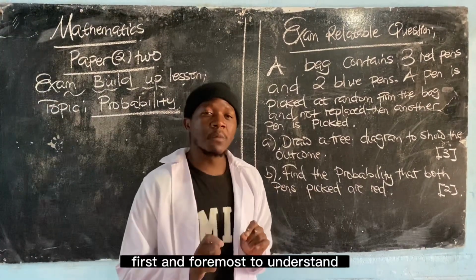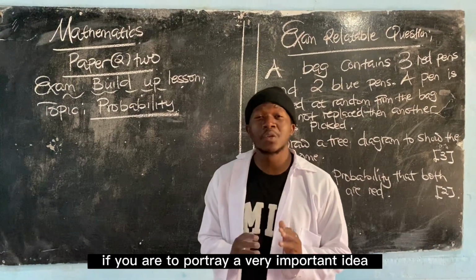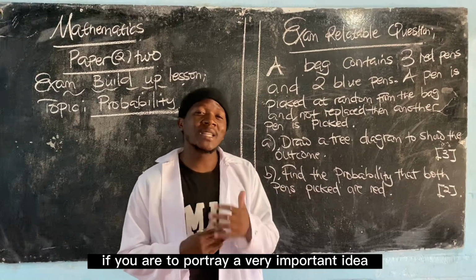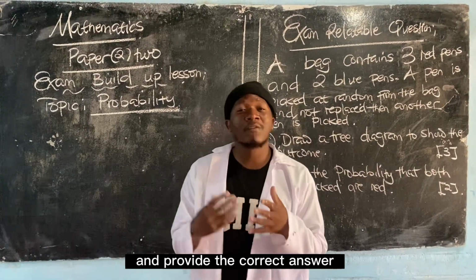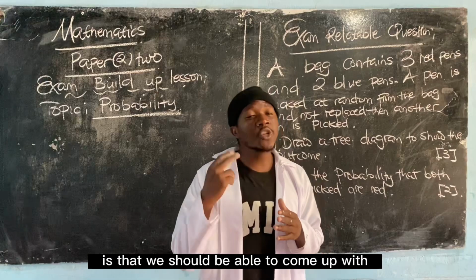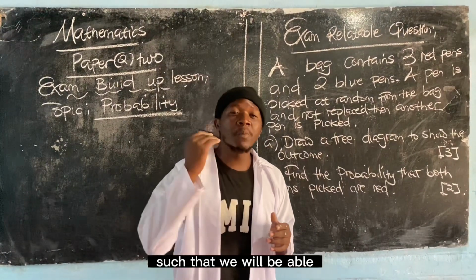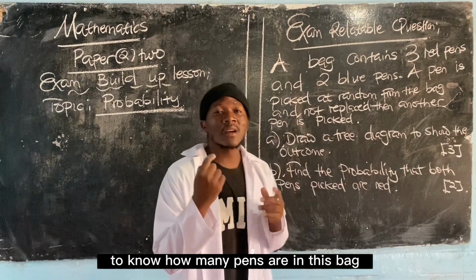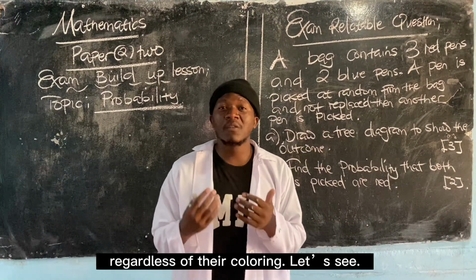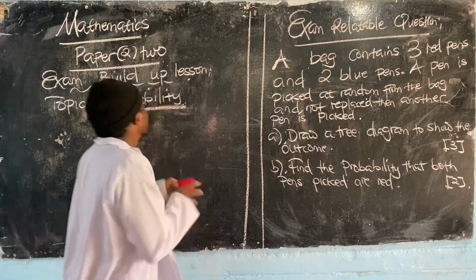The first and foremost thing to understand, if we are to attract the marker's interest and provide the correct answer, is that we should come up with the total outcome, such that we know how many pens are in this bag, regardless of their coloring. Let's see.